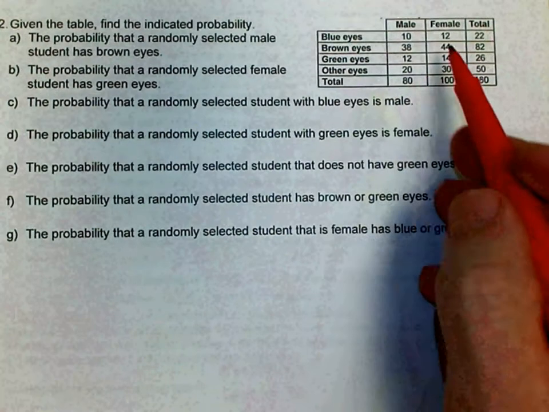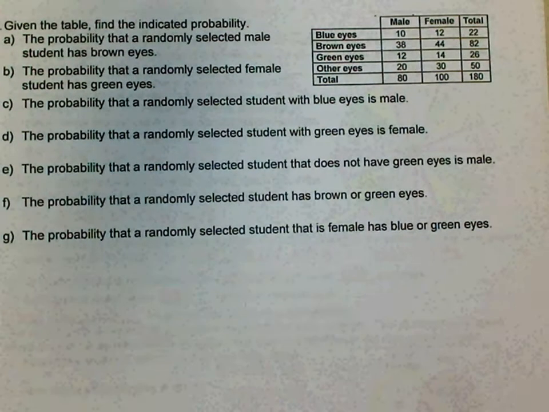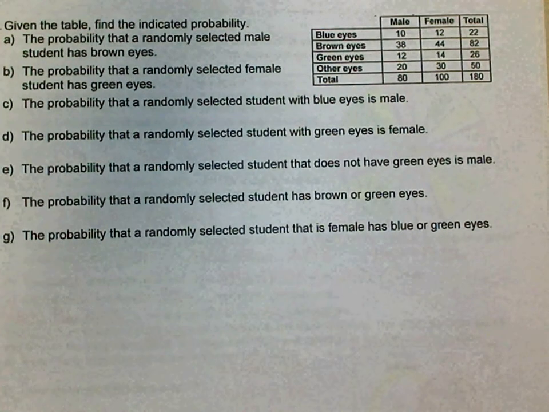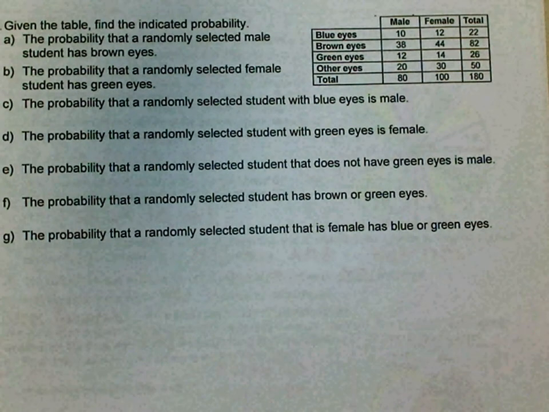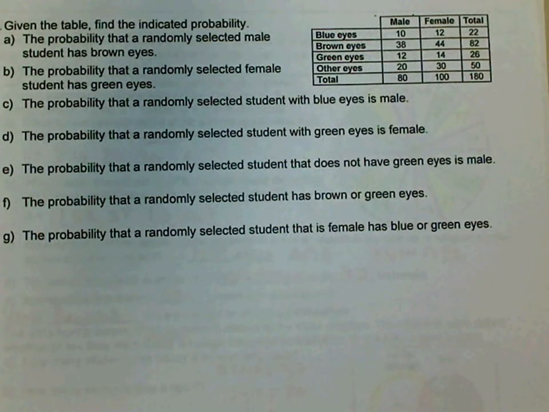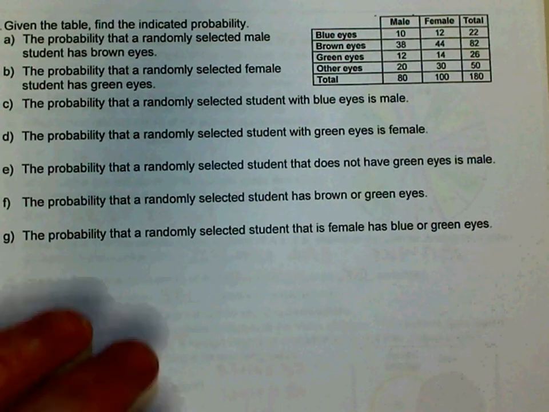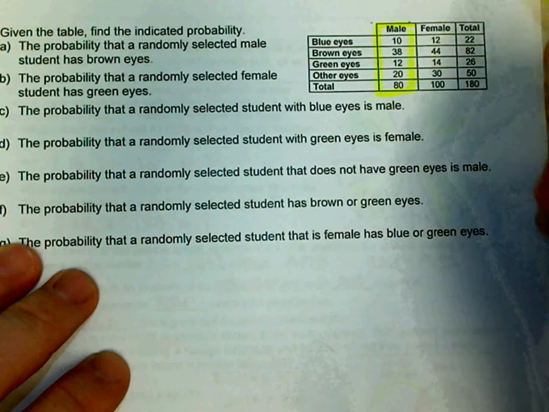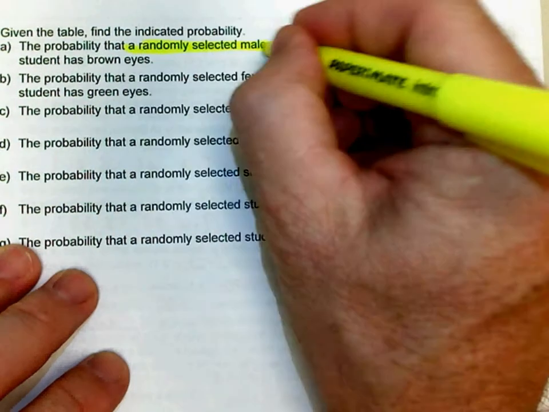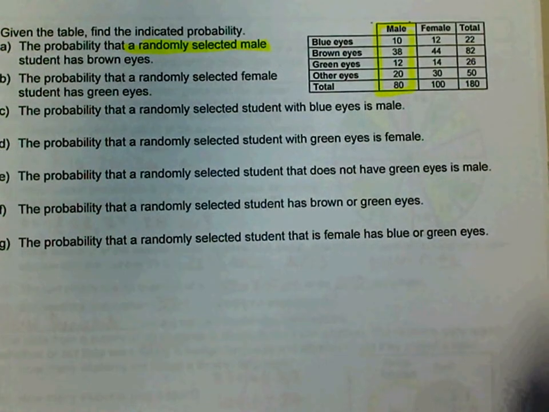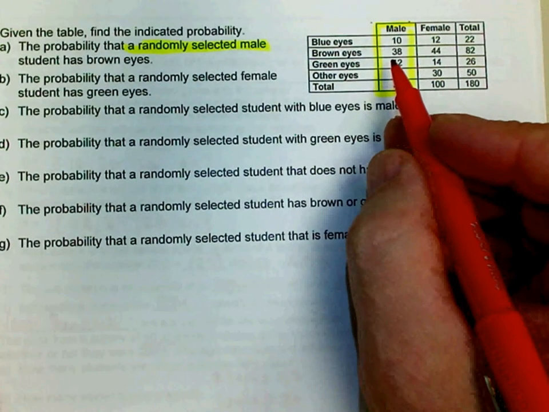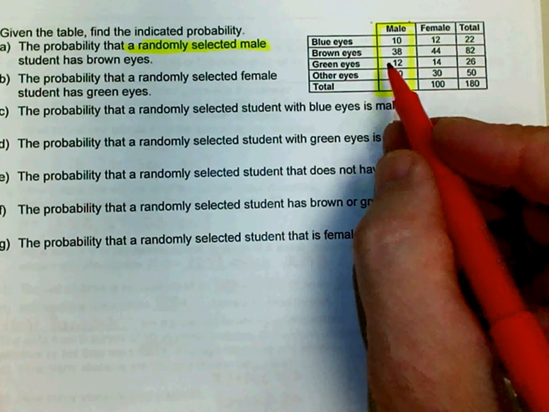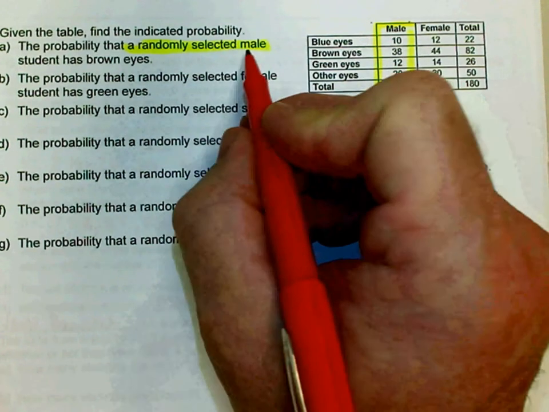What's the probability that a randomly selected male has brown eyes? Randomly selected male means we're looking at just the males. Randomly selected male is the conditional statement. Once we've met that condition, we'll look in here and see that there are indeed 38 out of 80 males who have brown eyes.